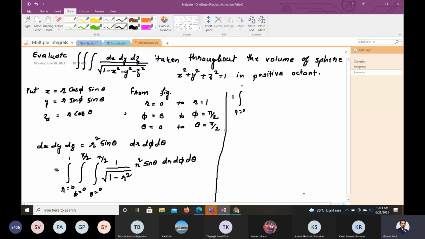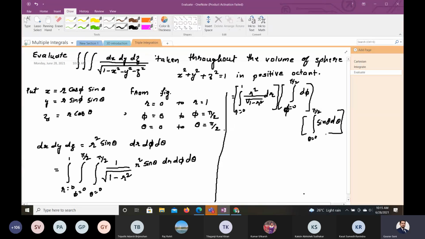Integration of r square upon under root 1 minus r square dr. Then integration phi is running from 0 to pi by 2 d phi. And the third bracket, integration theta is running from 0 to pi by 2 sine theta d theta.